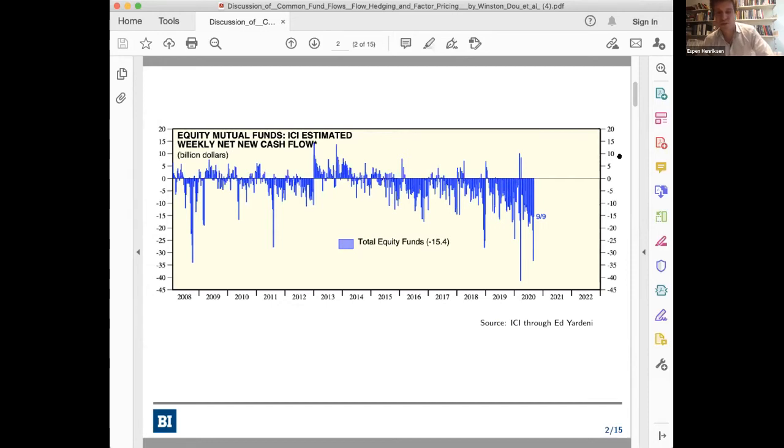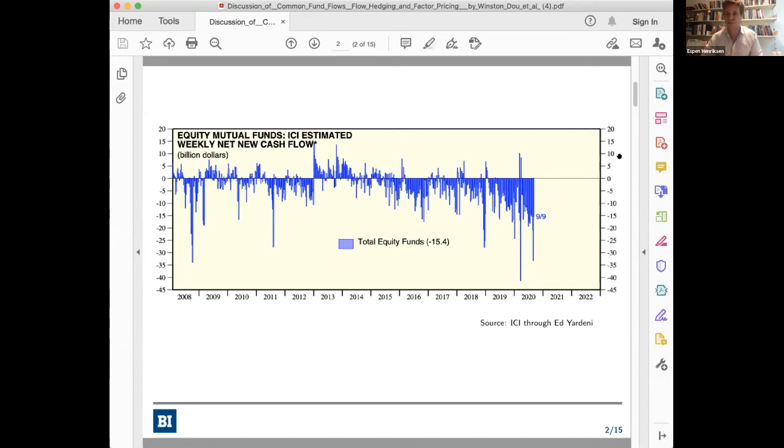There were also large outflows in the middle of the European debt crisis. And lastly, if we move all the way to early 2020, there seem to be huge outflows also in March this year, when the uncertainty associated with the COVID pandemic was at its largest.